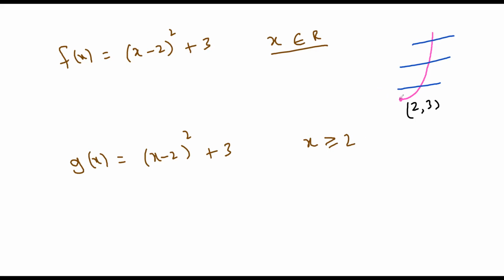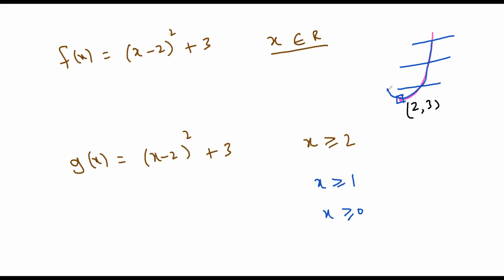It is a one-to-one function because, though this turning point is there in the domain, it does not affect it being a one-to-one function. If the domain was instead x is greater than or equal to 1 or x is greater than or equal to 0, then we could not have the inverse because the curve would be like this.